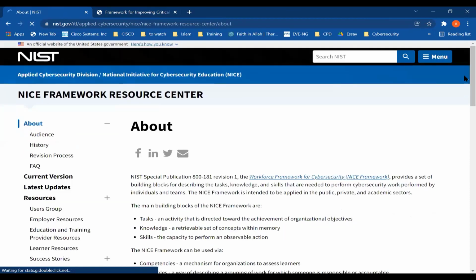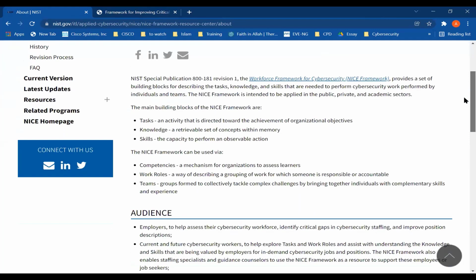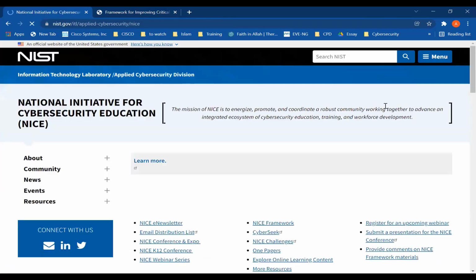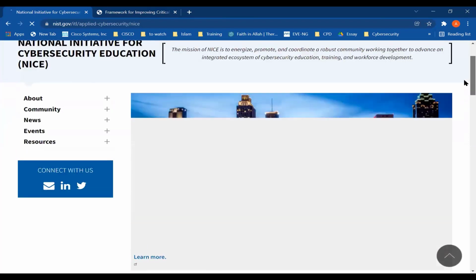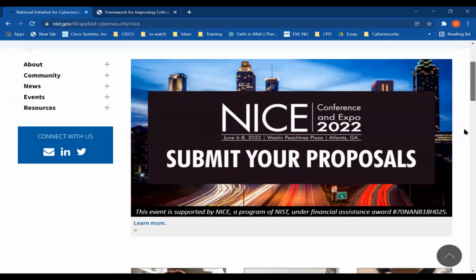It's again a workforce framework for cybersecurity. So you can see what is covered in this framework. You can also find out different things they are covering in NICE. They do conferences, expos, and all of them. So you can go and check it.